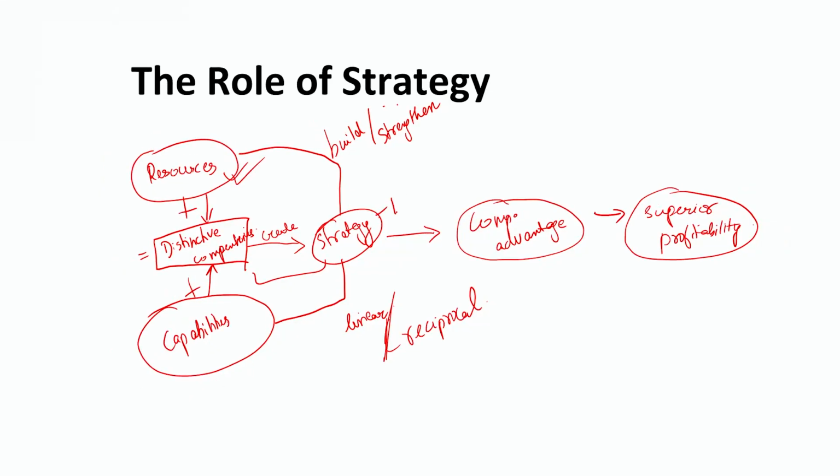To continue with the example of Walt Disney, earlier we discussed how their existing resources and capabilities helped the company to frame their strategies to have competitive advantage. Also, the company entered into a long-term agreement with the computer-generated animated movies company Pixar in order to create a new resource, which was computer animated movies.